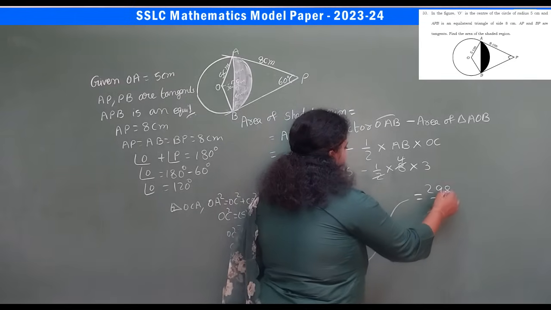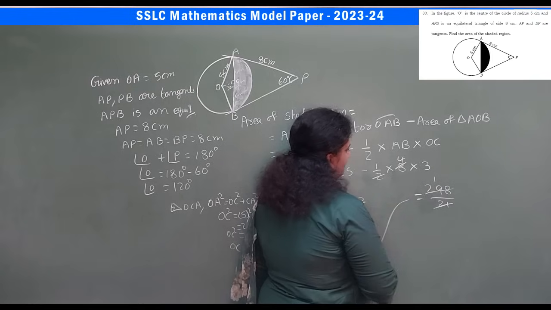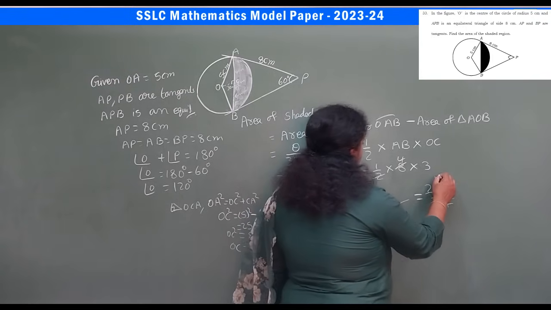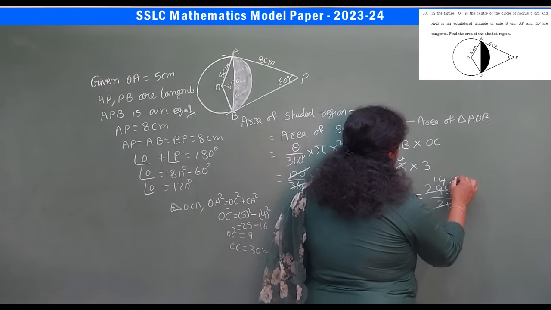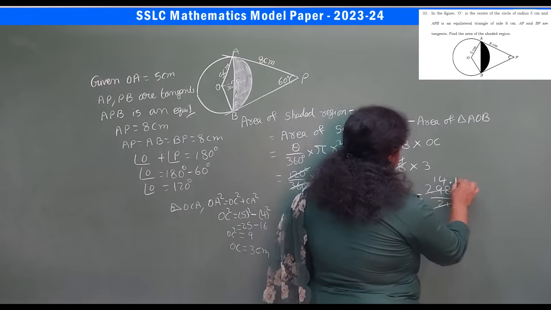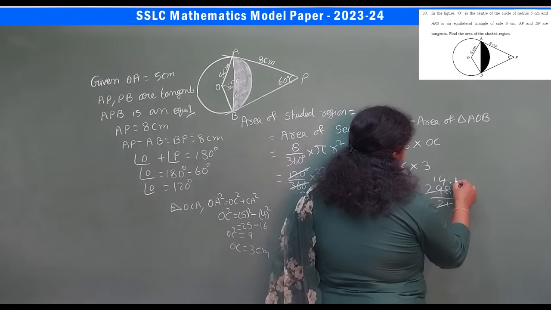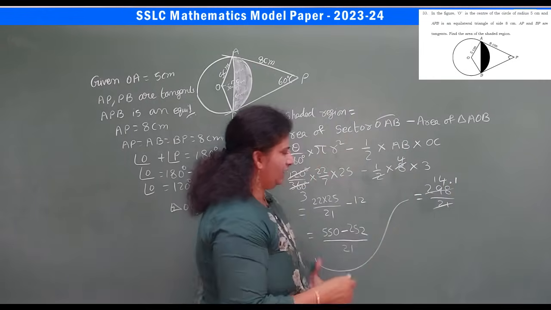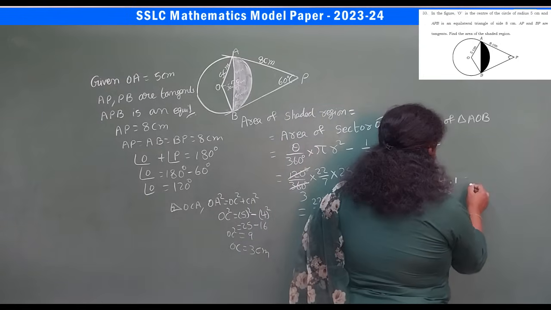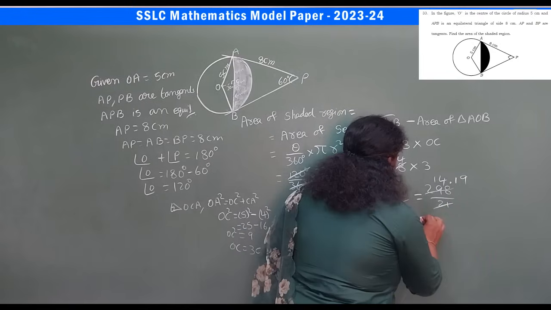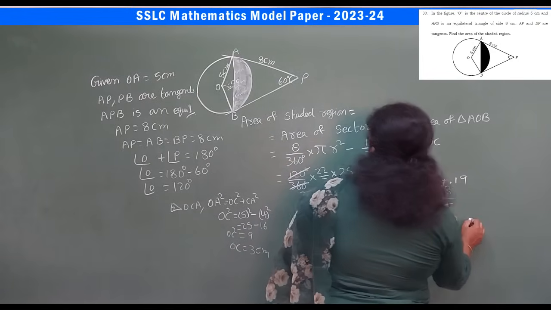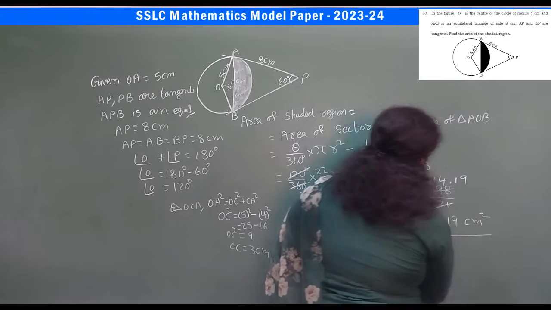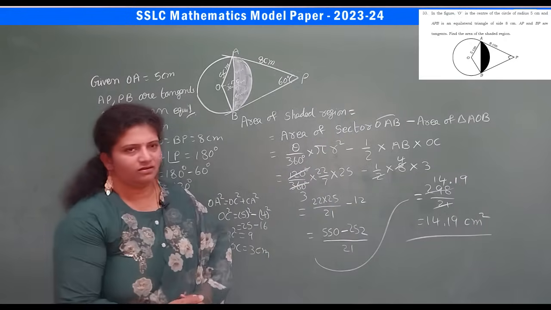Now divide: 21 1s are 21, 8 left, 88, 21 4s are 84, put a point, 4 left. So 40, 21 1s are 21, 40 minus 21 is 19. So 190, 21 9s are 189. So let's stop here. Your answer is 14.19 centimeter square, the area of the shaded region.